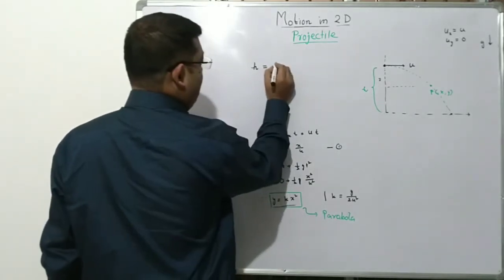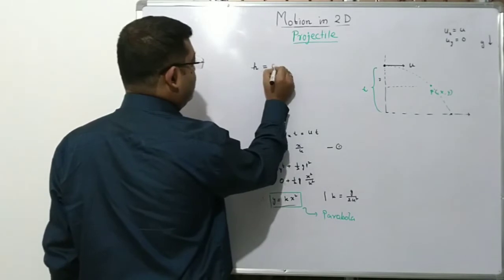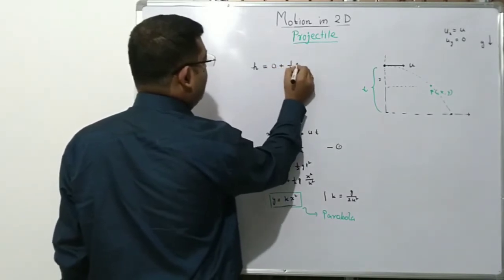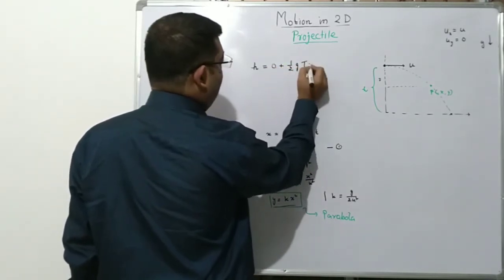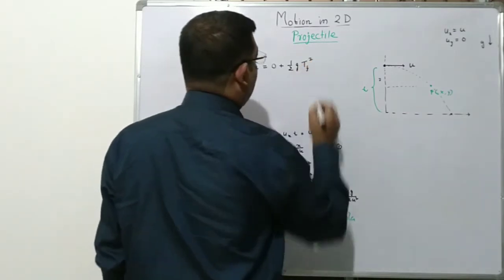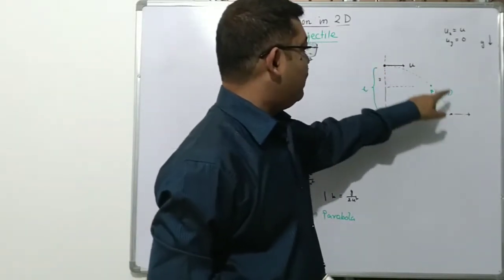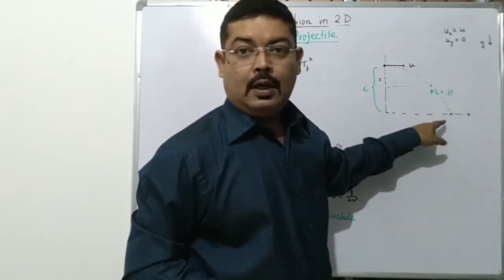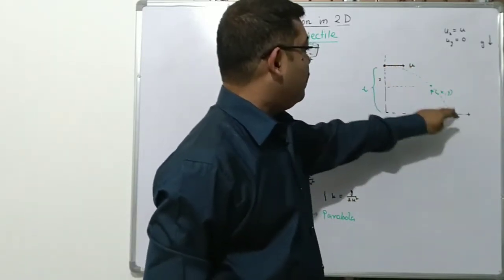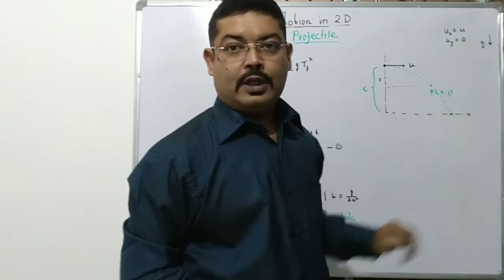Since uy is 0, we have 0 plus half g tf squared. Let us call this tf. Why tf? Because whatever time it takes from here to here is equal to the time of flight, since once it reaches the ground, the flight of the projectile ends.